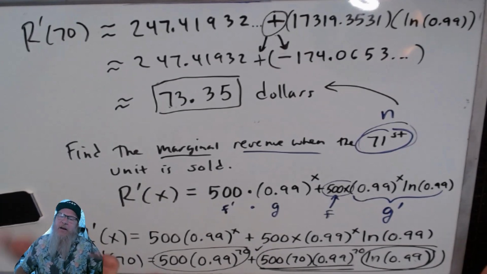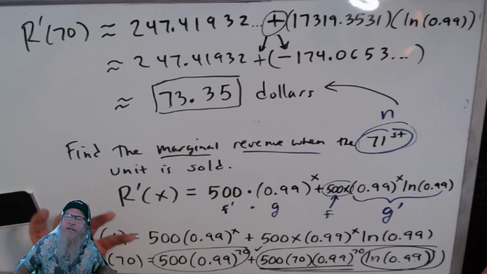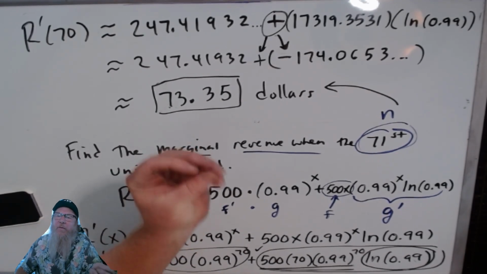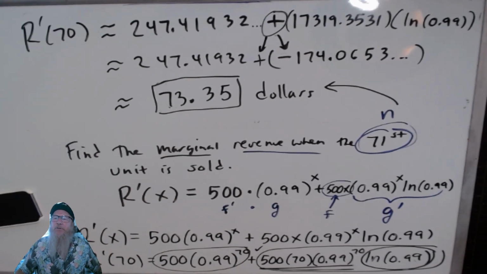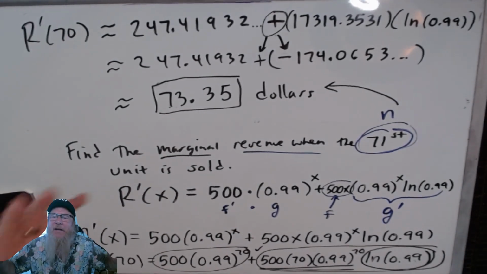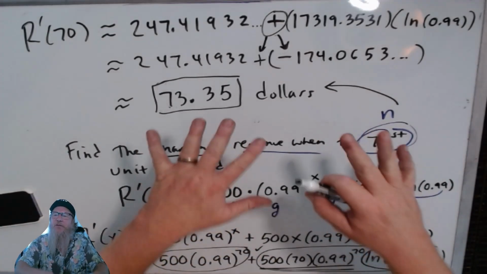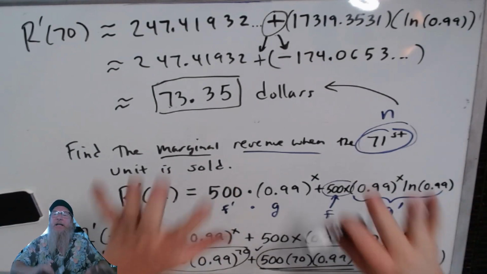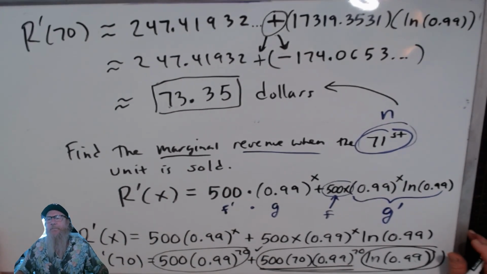It should be very close to the price, because the price of an object is essentially equivalent to the revenue for that particular object. There's no cost in this formula. This is just for selling that one particular unit or object or item or whatever you want to call it.